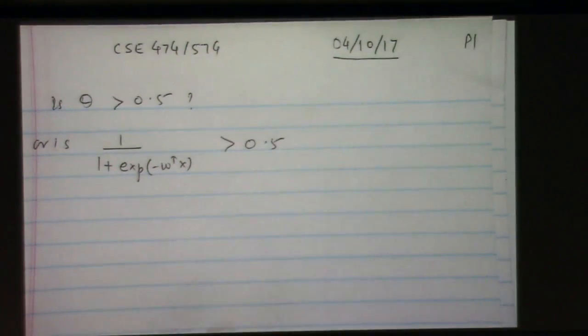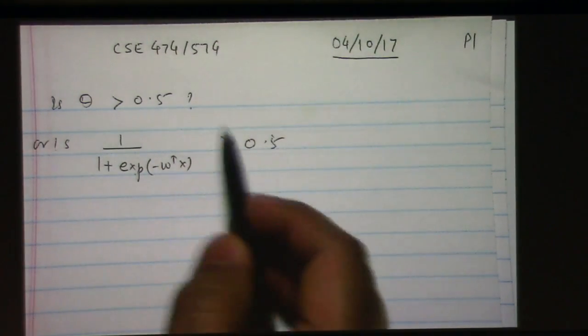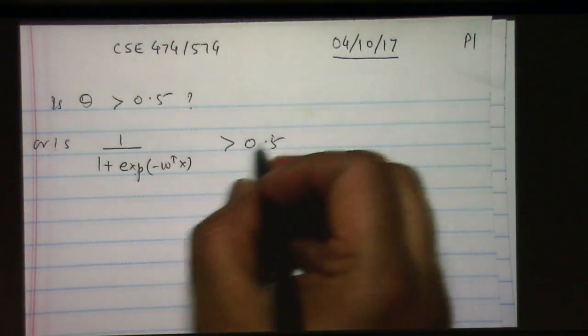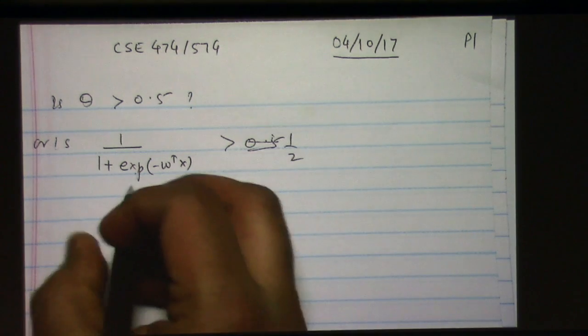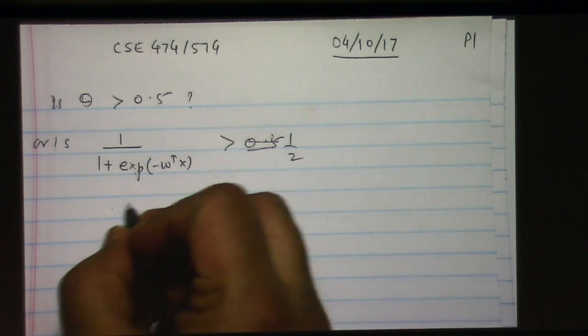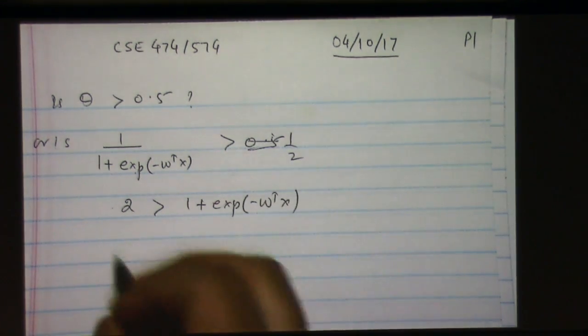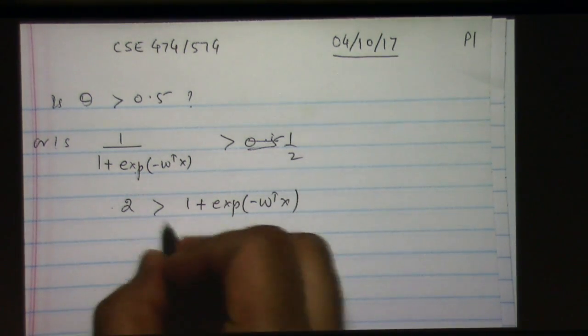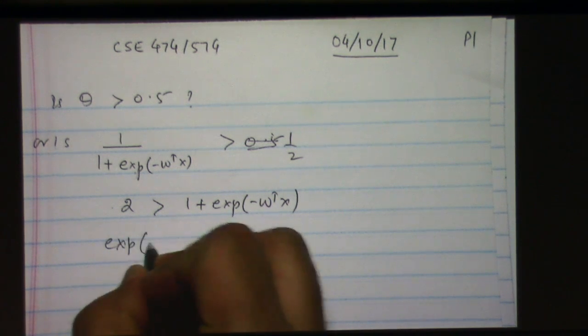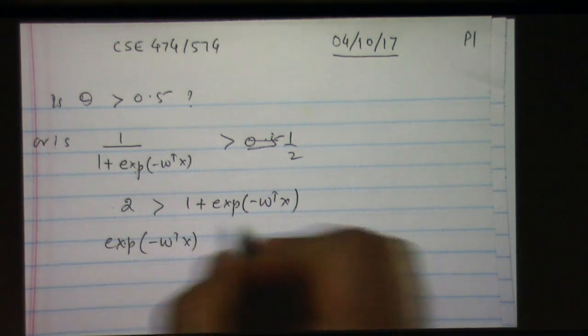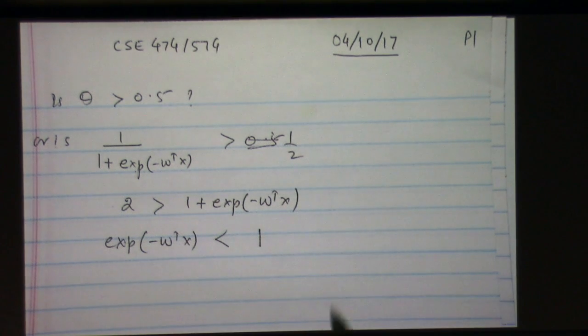If you rearrange it, bringing the 2 here, it says that 2 is greater than 1 plus exp minus W transpose X. Moving the terms around, exp minus W transpose X is less than 1.